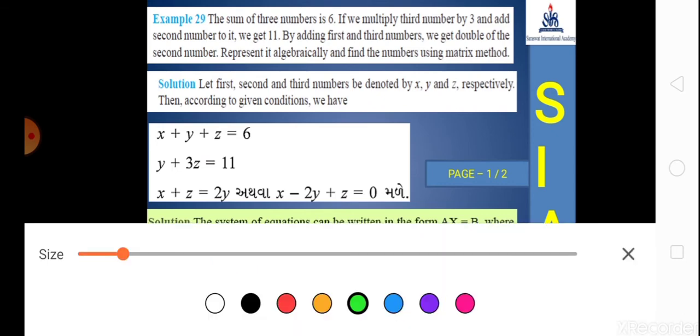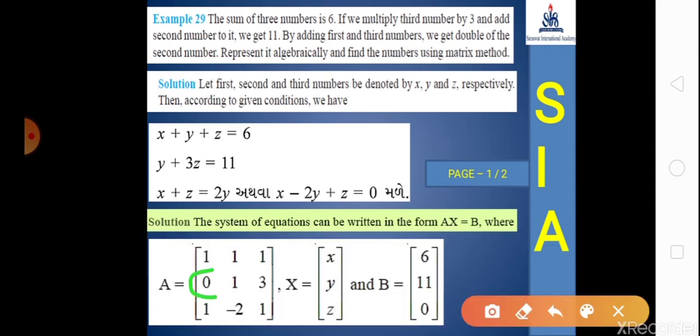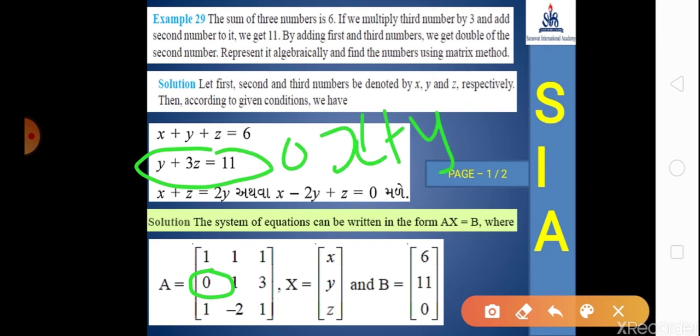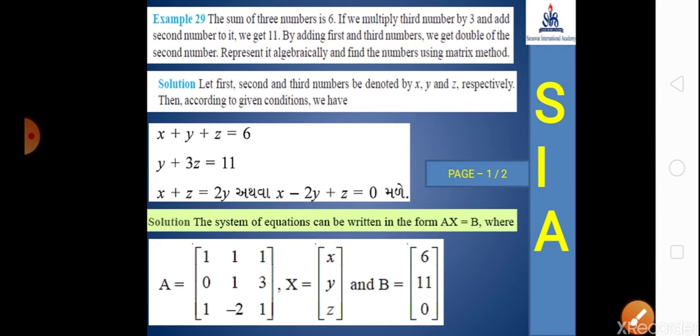Students, that's why I wrote 0 here, because this equation has missing data, 0x plus y plus 3z is equal to 11, and that value I put here. And the third row you already know, after rearranging 1 minus 2 1. The right side data is B, consider 6, 11 and 0. Now I start determinant A.